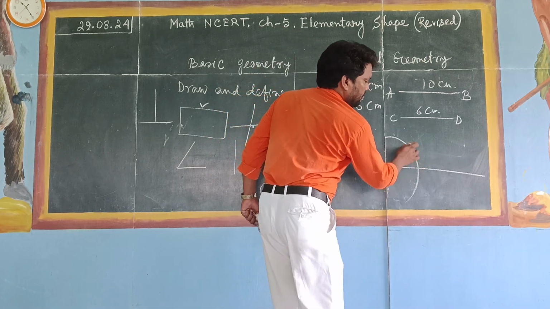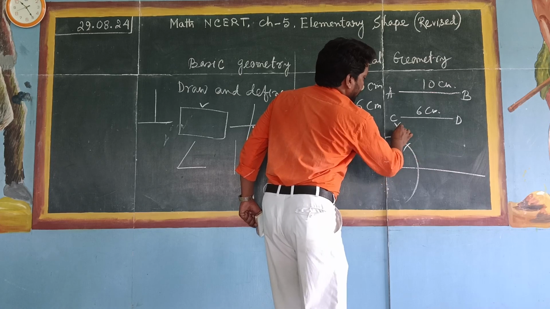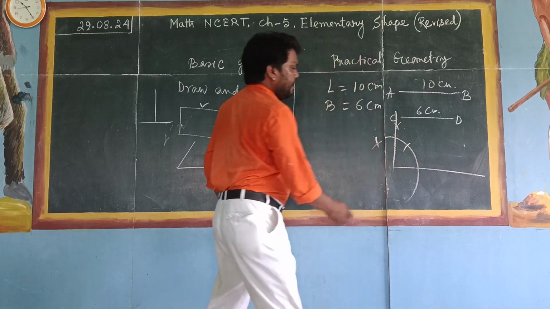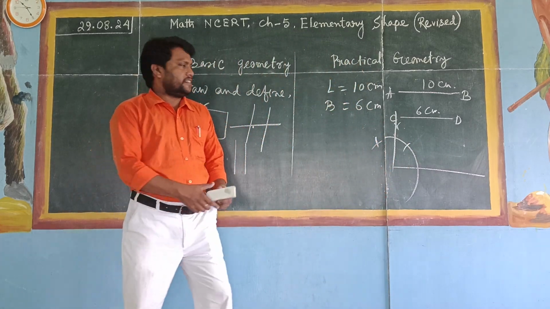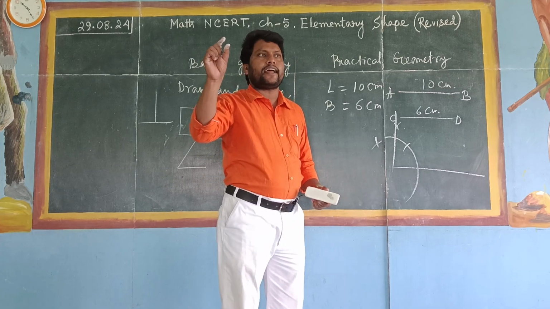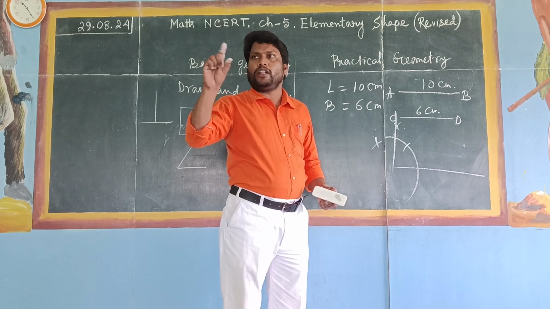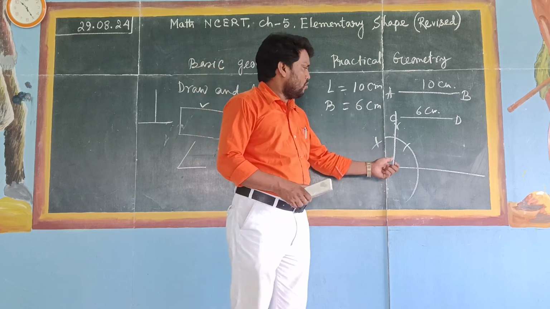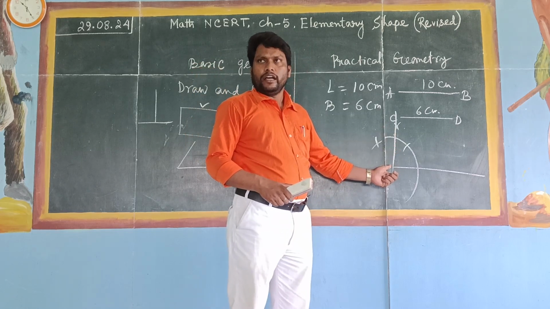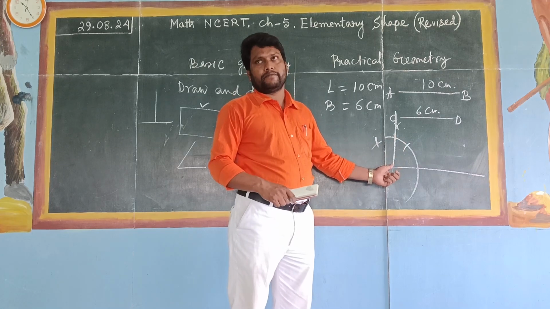Then cut it from here and again cut it here, and again here. You will get a perpendicular line, that means 90 degrees, because in a rectangle all the angles are 90 degrees. So I have drawn a 90-degree angle with the help of the geometrical instrument.